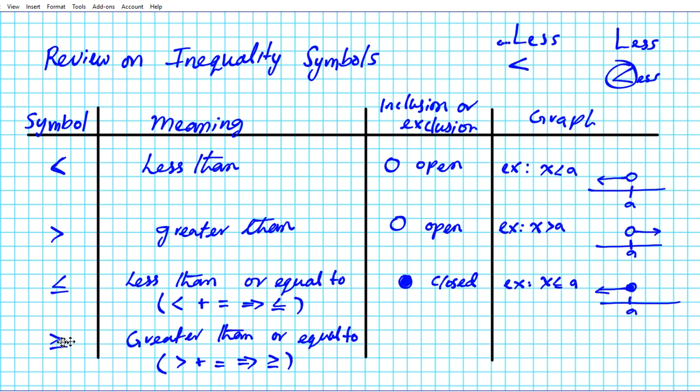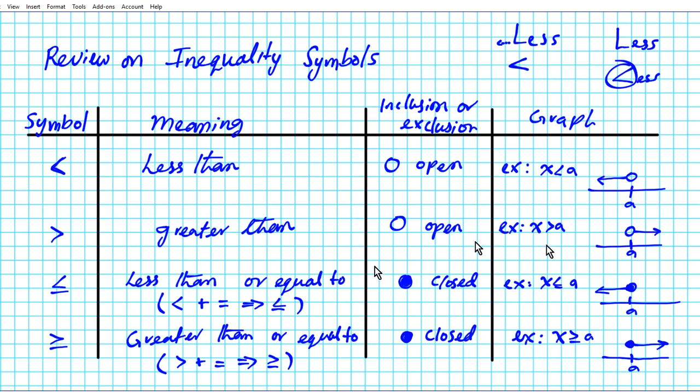Inclusion or exclusion: because of that line there, that line means include that point. We are going to have a closed circle. What does the graph look like? x greater than or equal to a is going to be similar to the second graph we drew. Let's say we have a. It's going to be a closed circle going to the right.